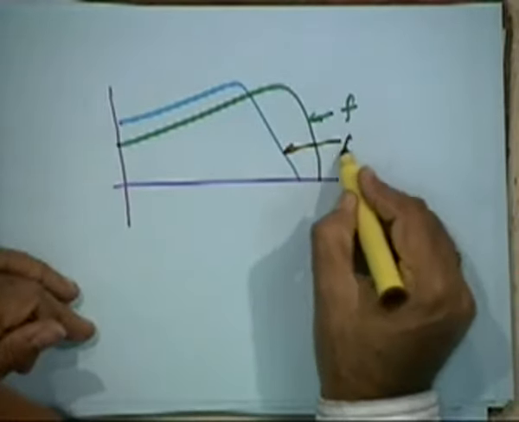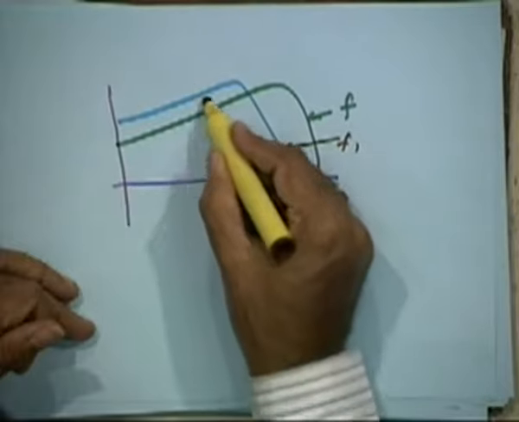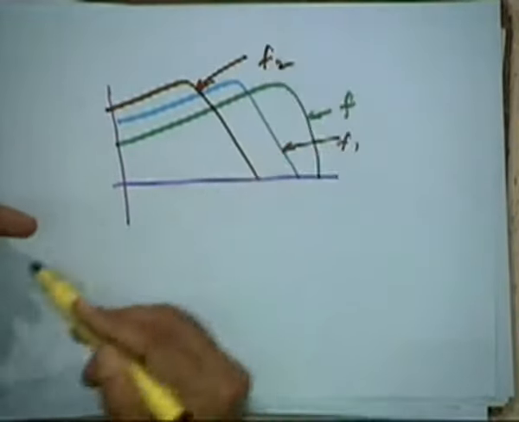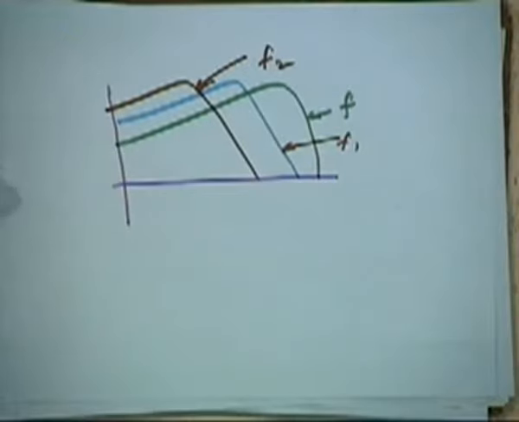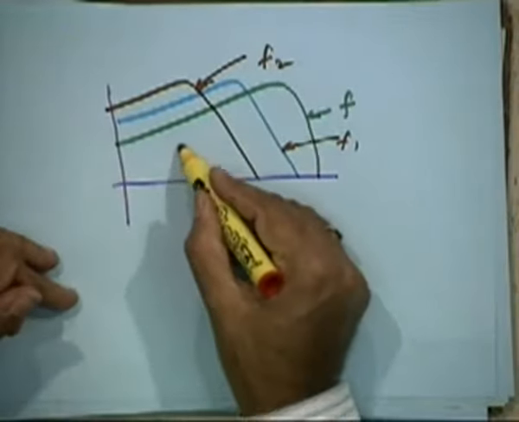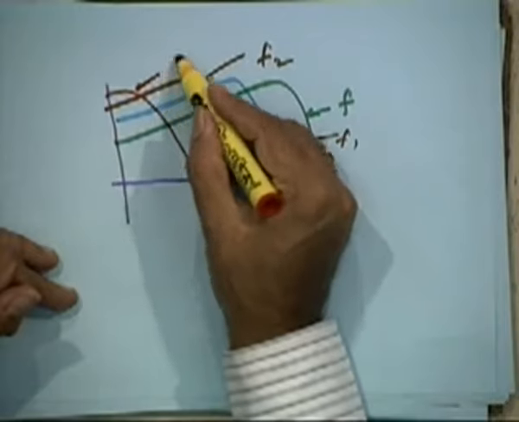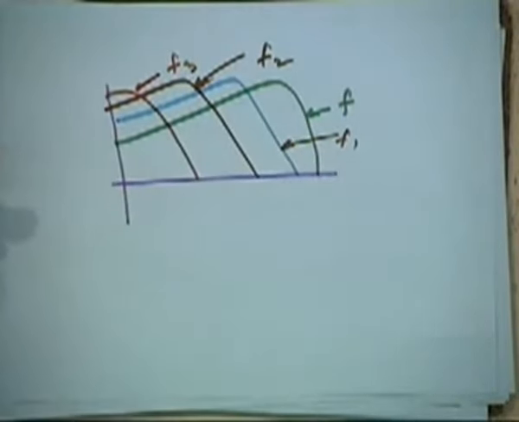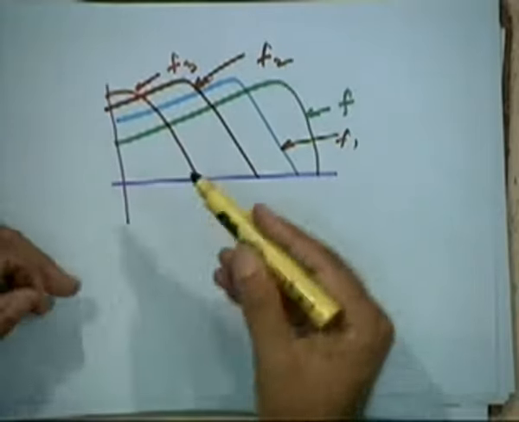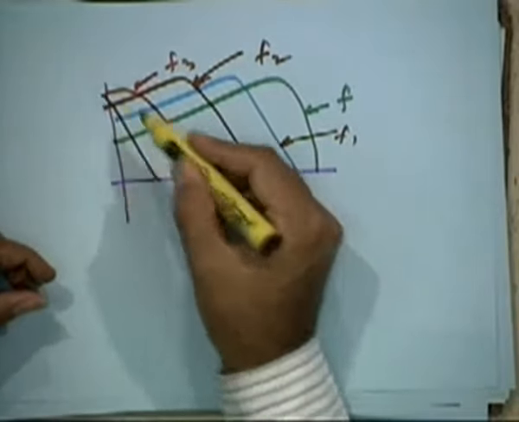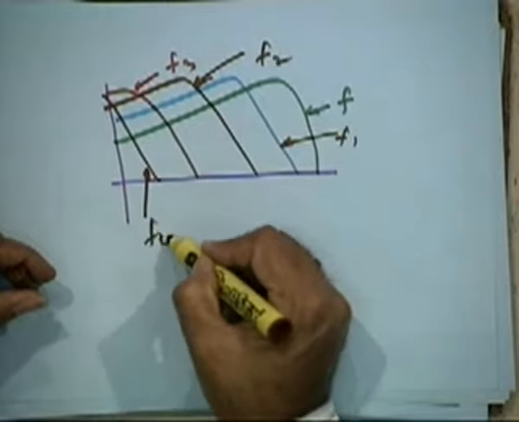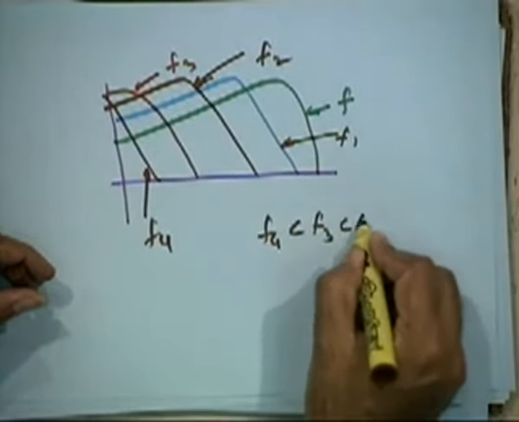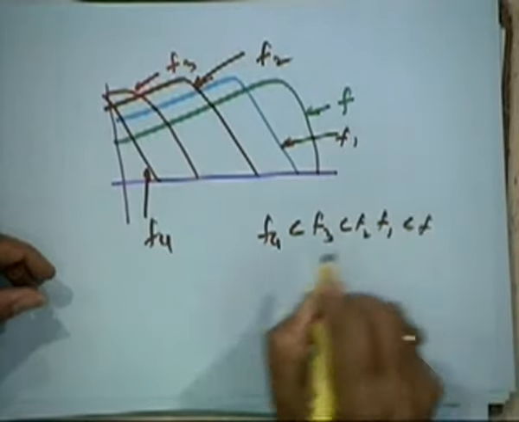Let us say this is F1, this is F2, maybe F3, and F4, like that. So F4 is less than F3, less than F2, less than F1, less than F.